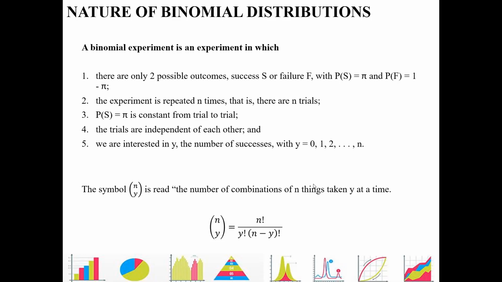Yun yung tatandaan natin formula. So, yung n is the number of combination or yung number of trial, and then y is yung trial mo na gagawin taken at a time.